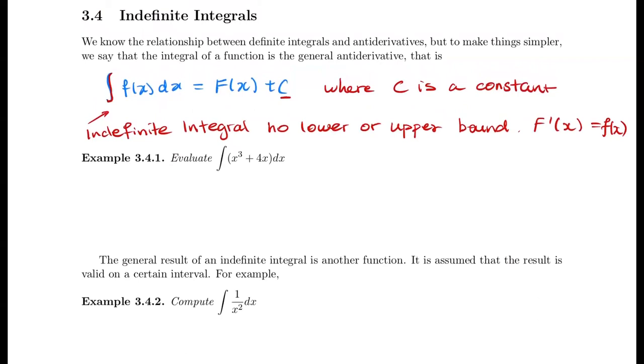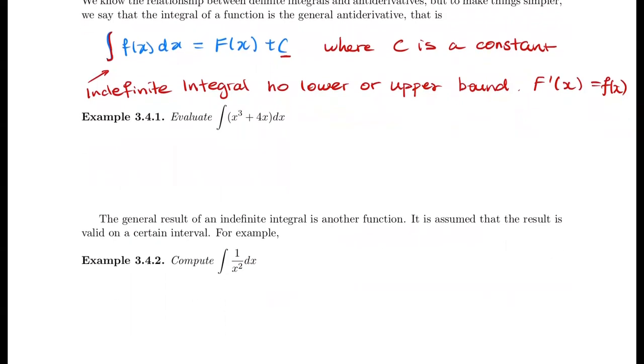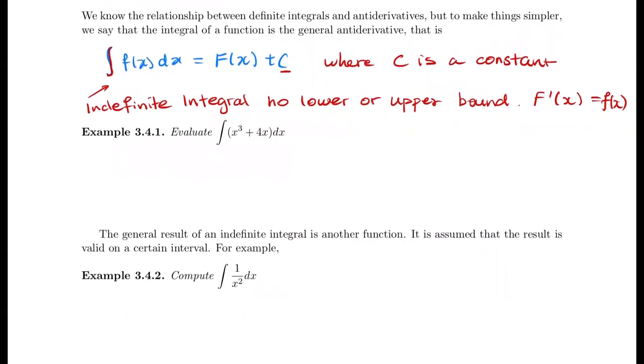All right, so let's have a look at an example of an indefinite integral. Well, so we have the integral of x cubed plus 4x. So what we could do is use the summation property for integrals. We could just break this up, so that this becomes the integral of x cubed dx plus the integral of 4x dx. We could also bring out the constant here for the second integral.